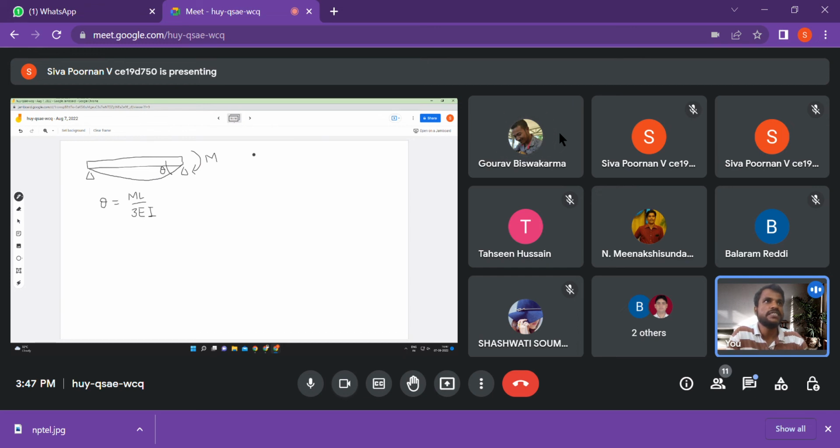It's very easy. You can use the conjugate beam method. For a simply supported beam, the conjugate beam remains a simply supported beam. Then draw the bending moment diagram, and load the conjugate beam with this M by EI diagram. The shear force gives you the rotation, and the bending moment gives you the deflections.